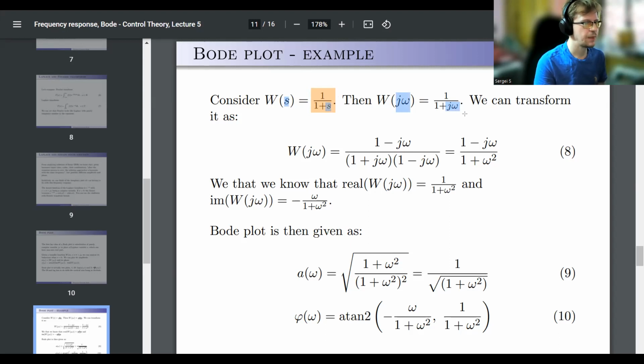Now, in order to write it in a simpler form, we're going to multiply both numerator and denominator by 1 minus j omega, the conjugate.